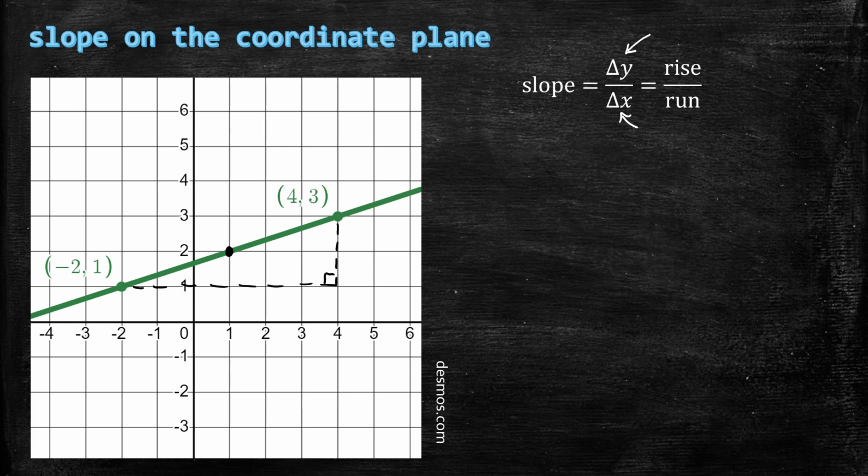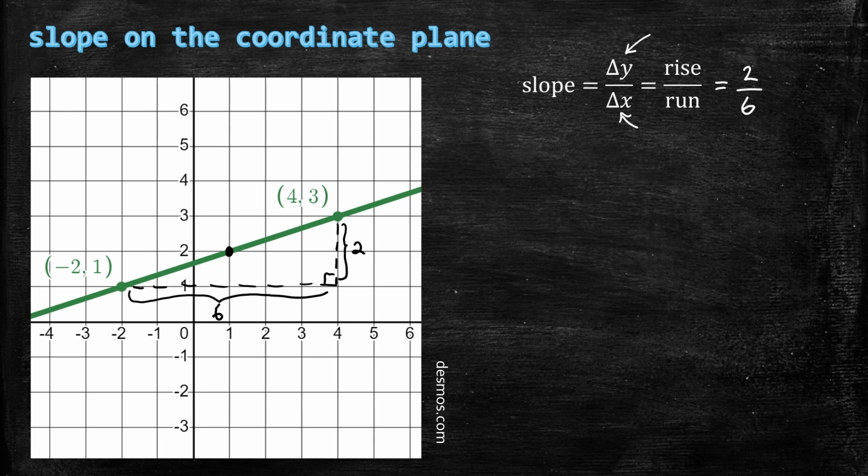So if we do that, we see that the rise, which is this distance, we can just count the boxes, it's 2. And we can see that the run, let's see, 1, 2, 3, 4, 5, 6, the run is 6. So therefore the rise over the run would be 2 over 6.